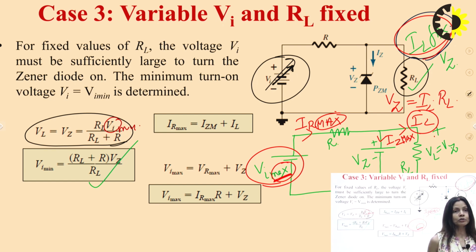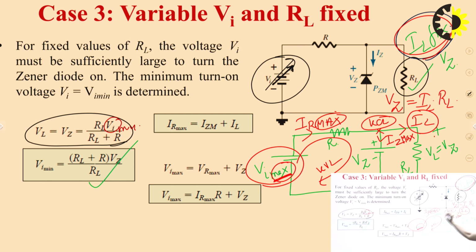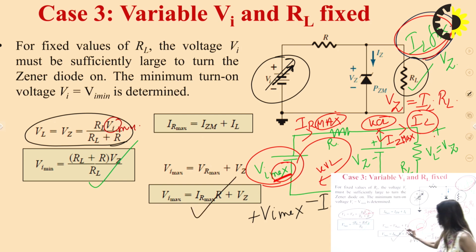Now what we have to do is apply Kirchhoff voltage law and Kirchhoff current law. In this circuit we will apply KVL, and at this point we will apply KCL. Apply KVL: plus Vi maximum minus IR maximum into R minus Vz is equal to 0, and you will get this formula.